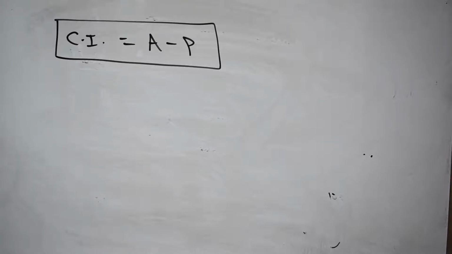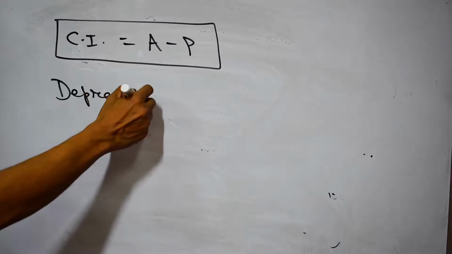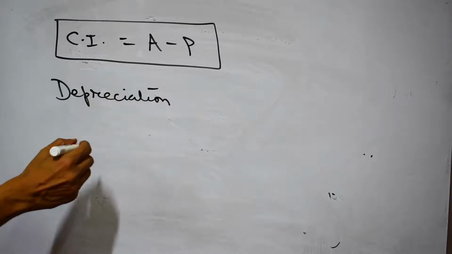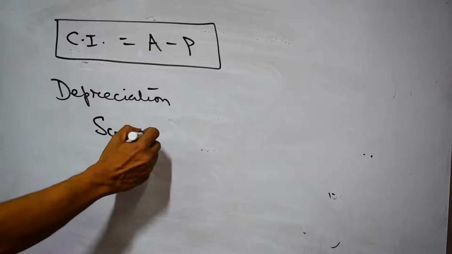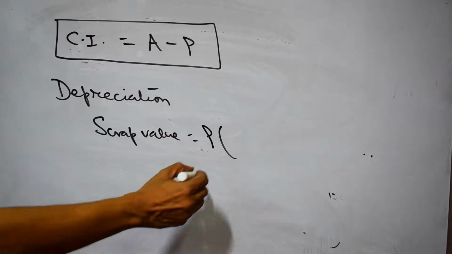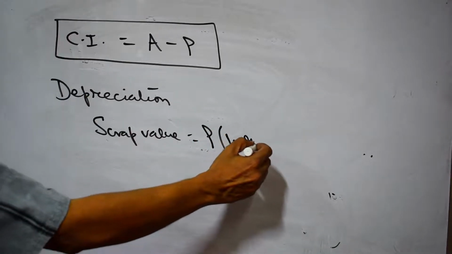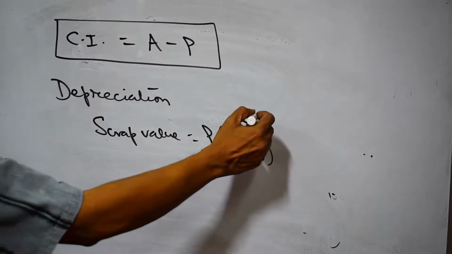The population also increases, and when we calculate the increase in the population, that is of course compound interest. Depreciation is also compounded, and the formula will be scrap value. Scrap value will be original price P into (1 minus r by 100), instead of plus it will be minus, because it is depreciating, to the power time.